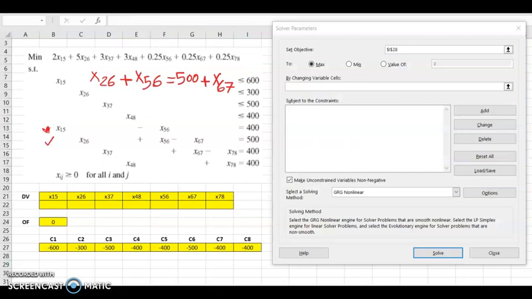Now our model is ready for the final touches, so let's go for the objective function. We have it, and it is a minimization, so we go for this.